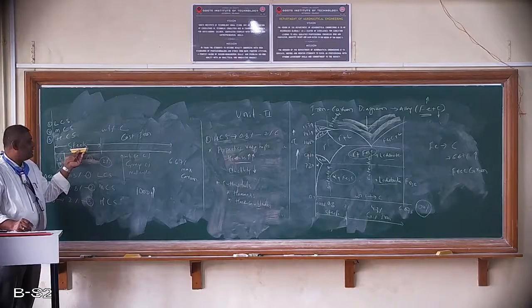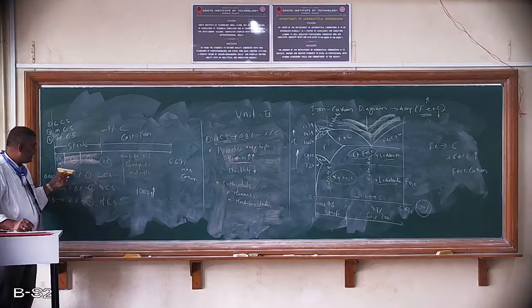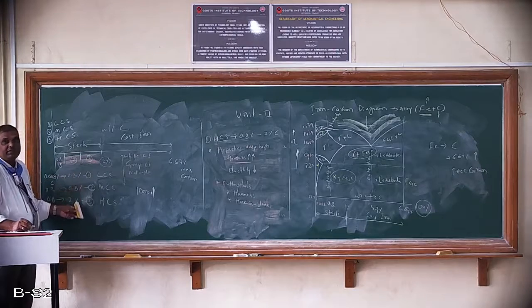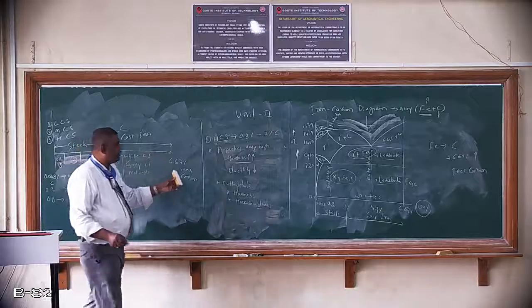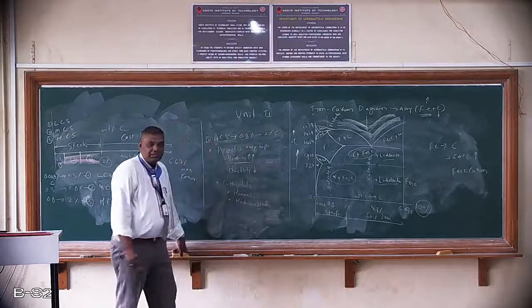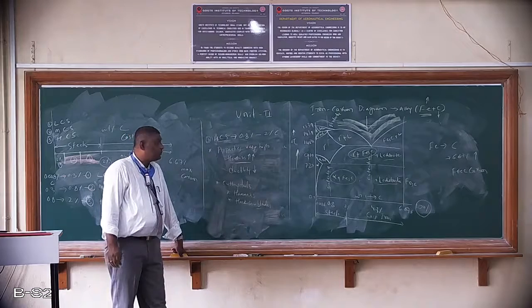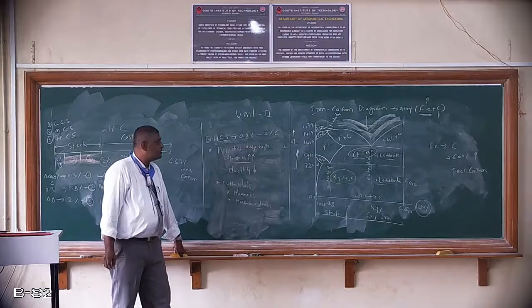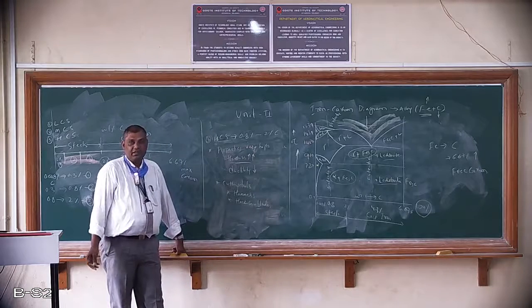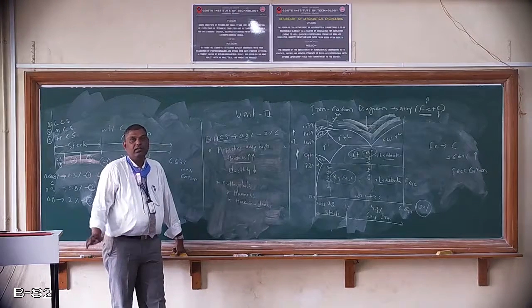All these steels are classified into three categories, that is low carbon steel, medium carbon steel and high carbon steel. We have seen in the earlier cases low carbon steel and its applications, medium carbon steel and its applications, high carbon steel and its applications. And even the percentage of the carbon varies accordingly.